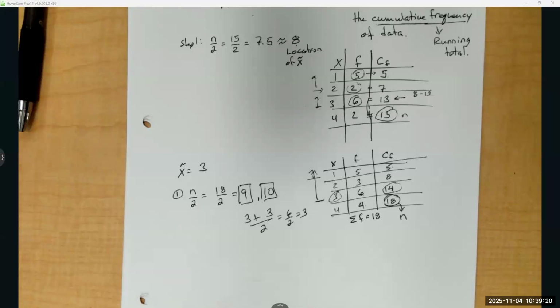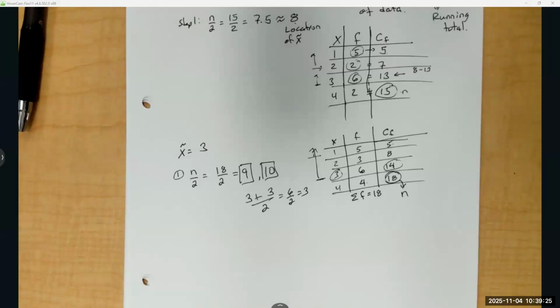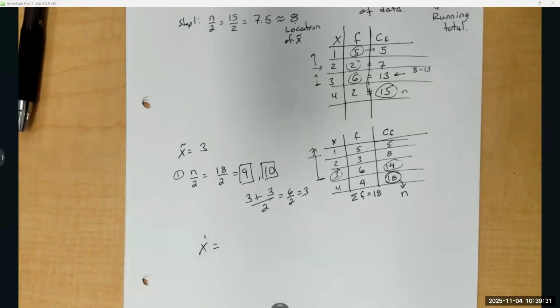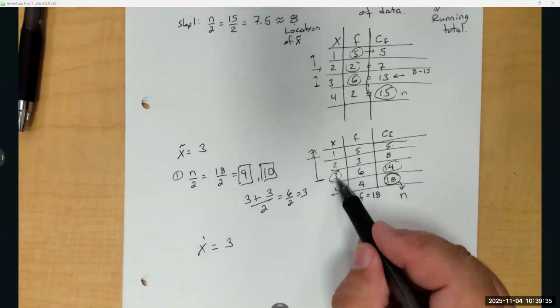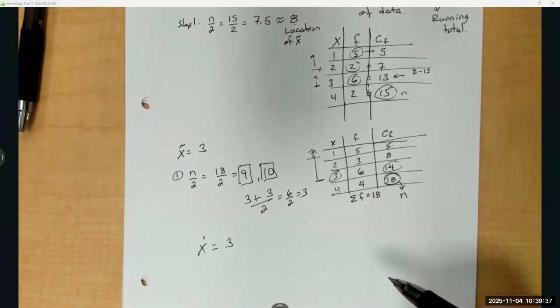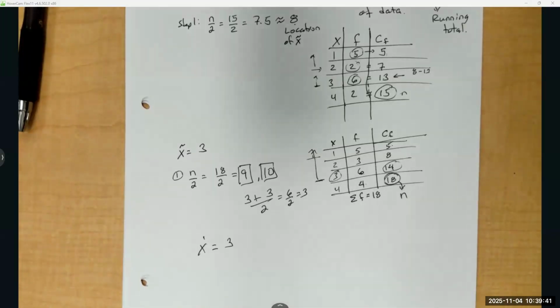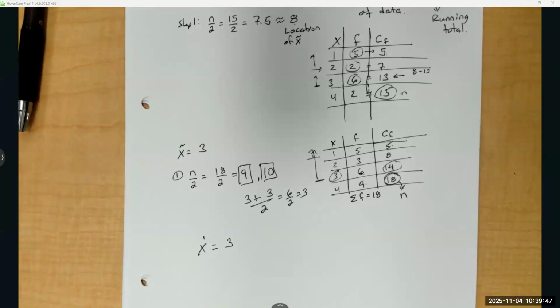Would it be a modal class or a mode number? Are these classes or are these numbers? They're numbers. Classes would be if they're intervals. It will be a modal class if there's an interval. Since this is just a solid number, it's the mode.